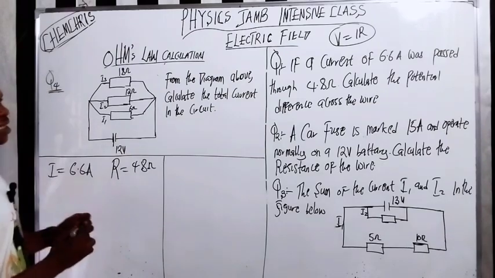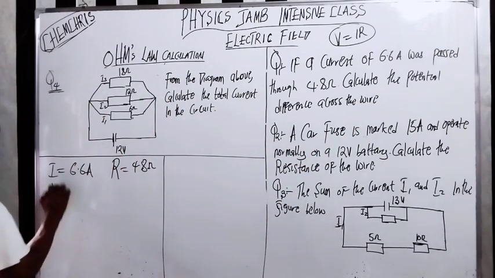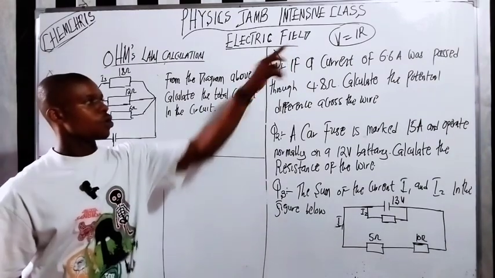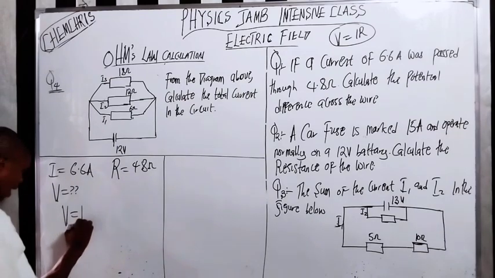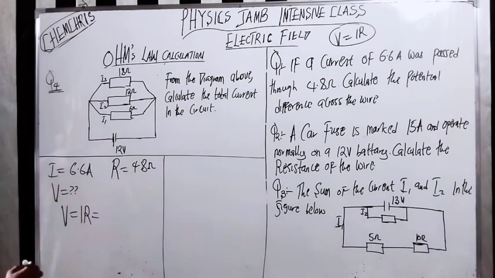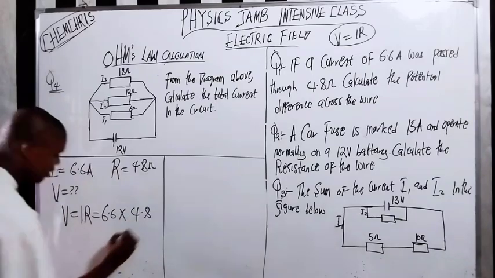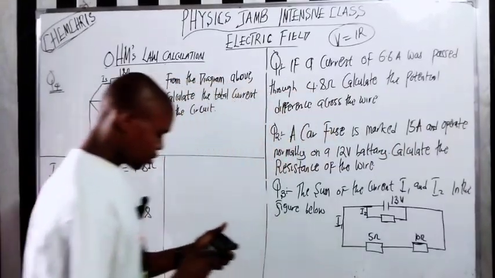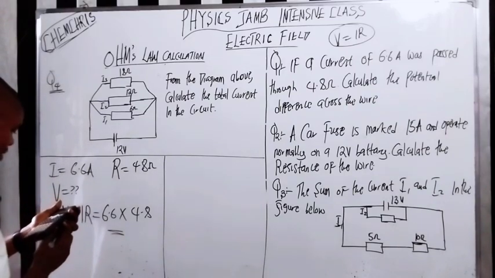They say calculate the potential difference, so we will calculate V. You can see how easy it is. Bring that formula here and use it. V equals I R, which equals 6.6 times 4.8. Here we have 31.